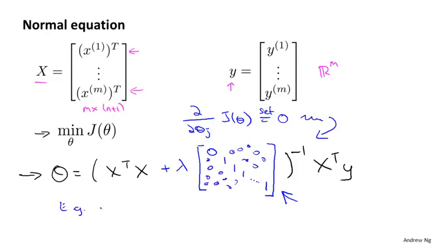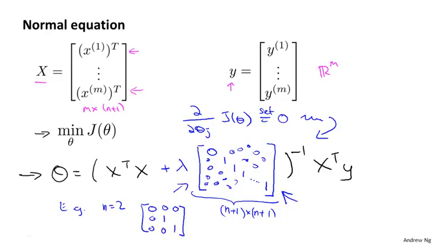As a concrete example, if n equals 2, then this matrix is going to be a 3 by 3 matrix. More generally, this matrix is an n plus 1 by n plus 1 dimensional matrix. So if n equals 2, then it becomes 0, and then 1's on the diagonal, and 0's on the off diagonals.